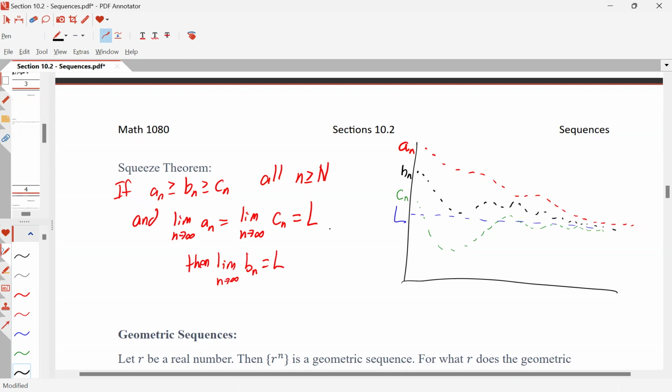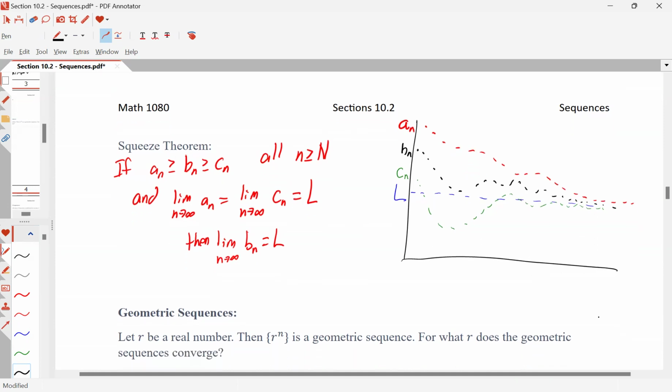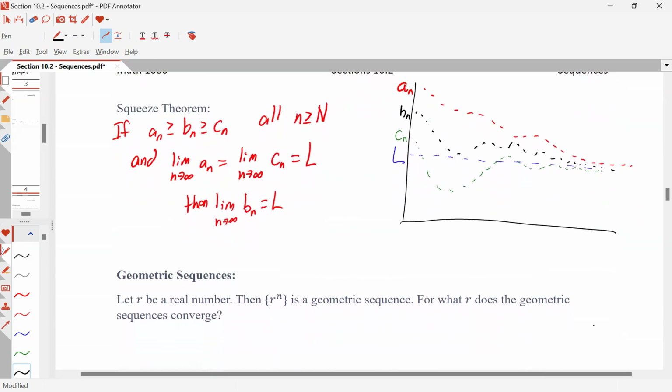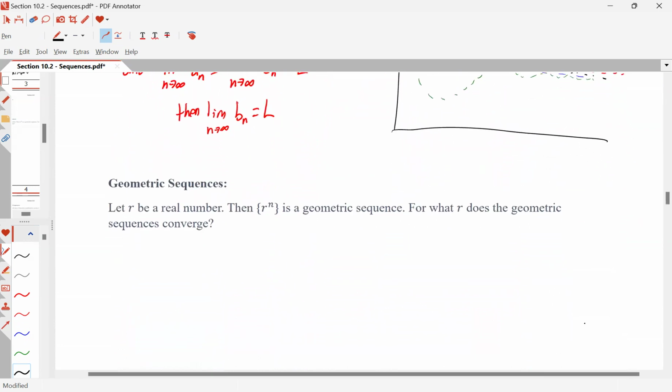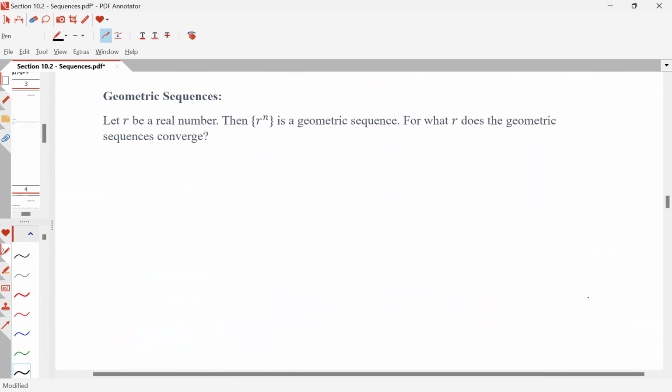And then other rules that come up for sequences: there's a specific type of sequence known as a geometric sequence. A geometric sequence is a sequence where we're multiplying by a common ratio. So we actually had this in our application in the last video.